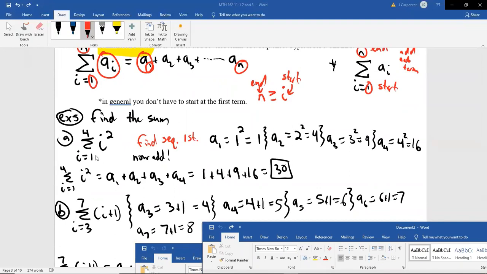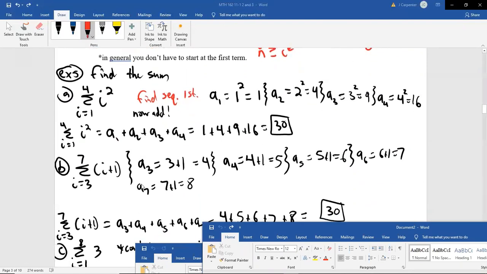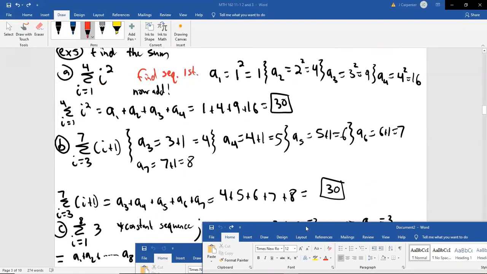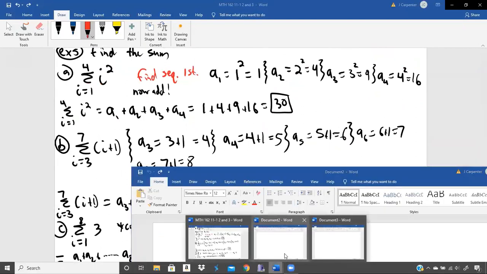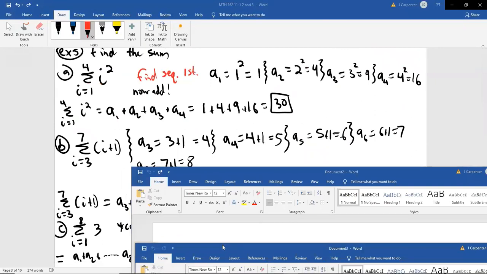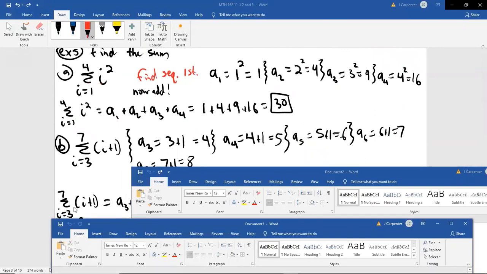Now what do? We add them. Why do we add them? Because of the sideways M, the sigma. So we do 4 plus 5 plus 6 plus 7 plus 8. So the sum of the 3rd through 7th terms of the sequence i plus 1.